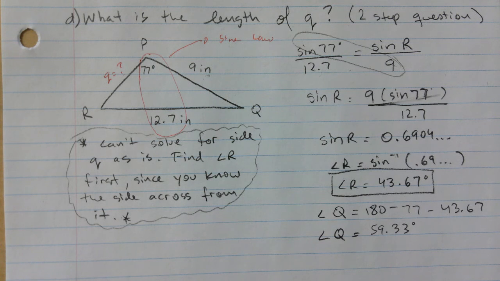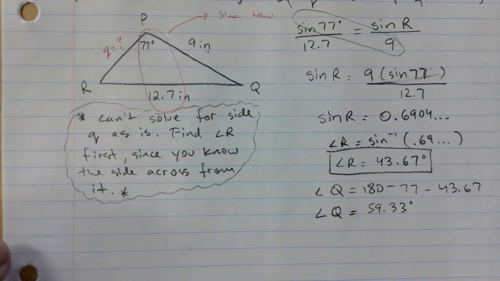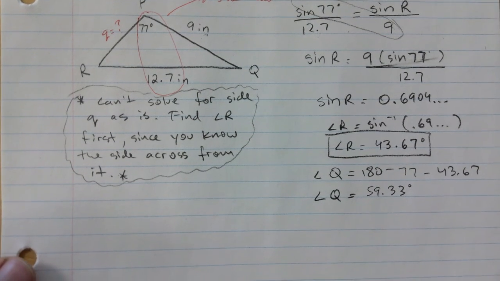Is something off, or oh no, I'm good. My original example had 9.1 instead of 9 inches, but that's okay. We won't change it now. We'll just keep going with this.